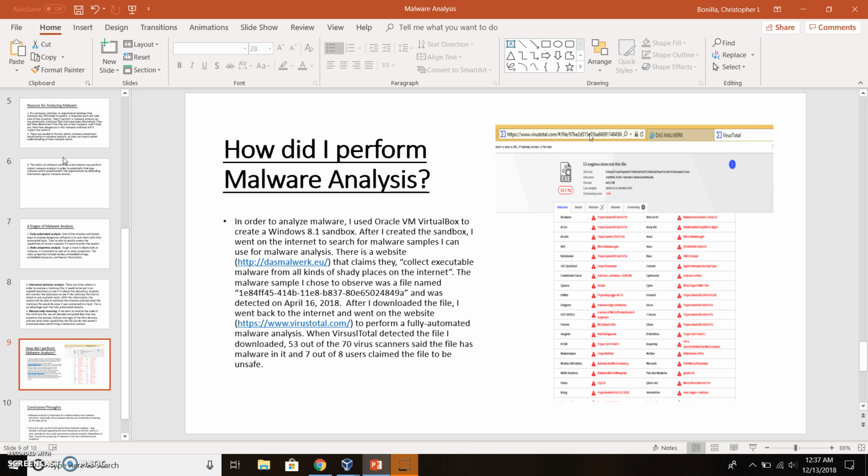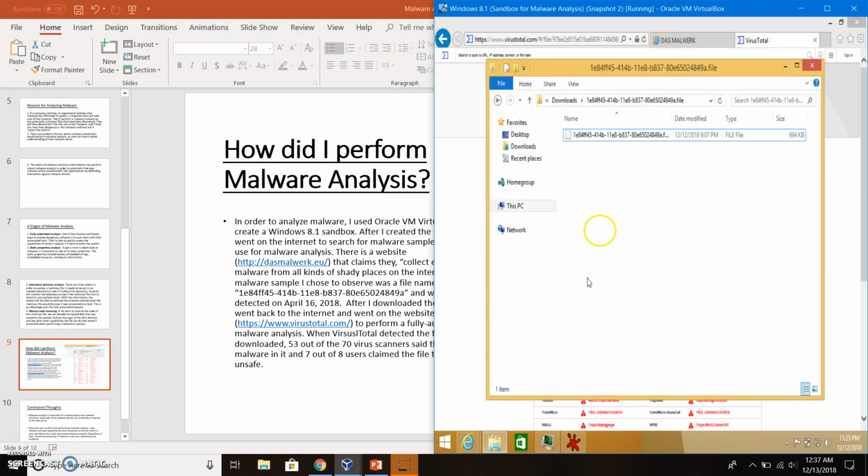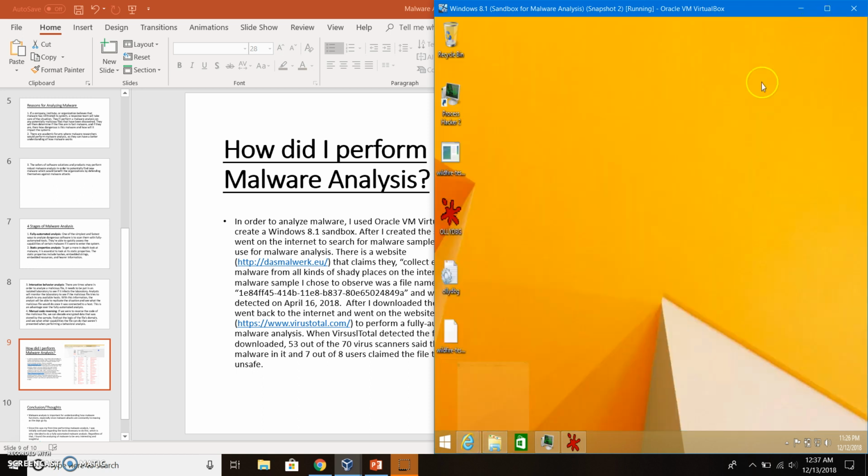I have also used another file called Wildfire Test PE file.